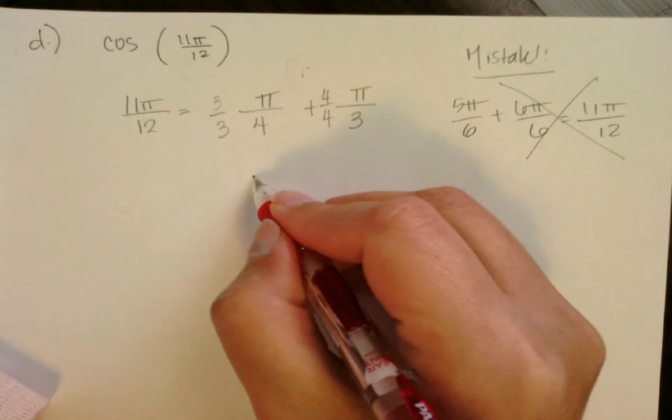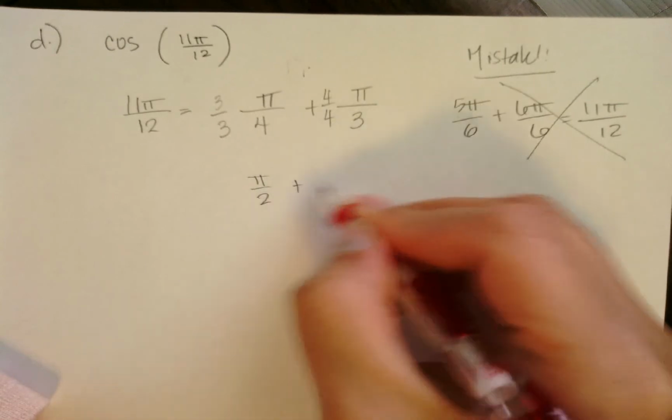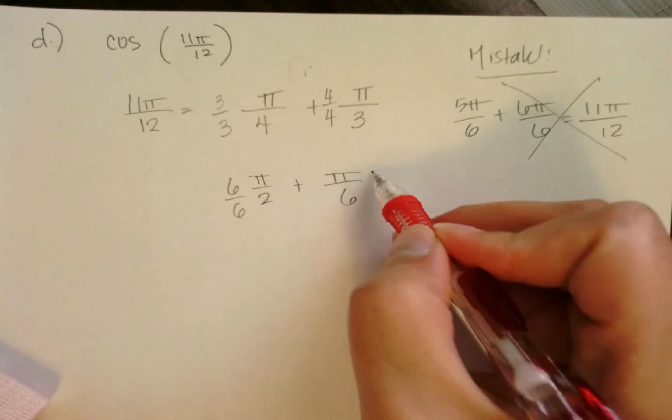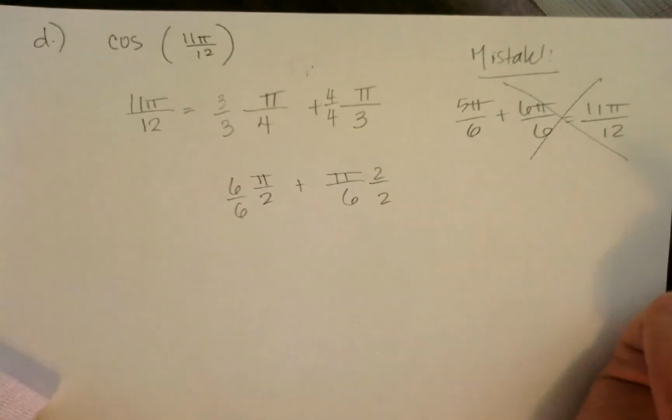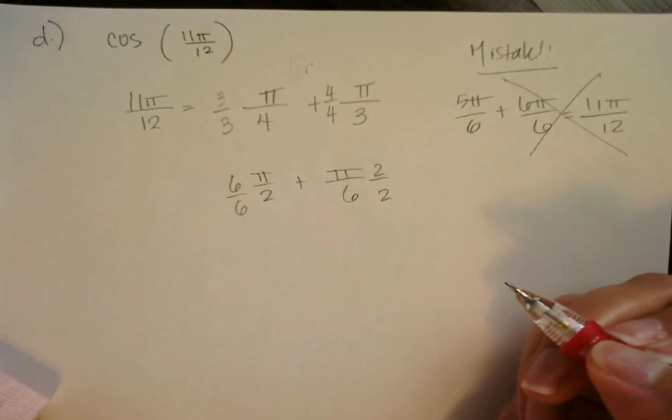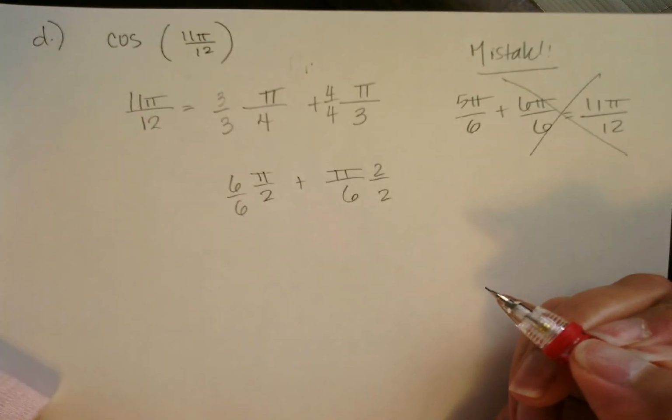Okay. What if I did pi over 2 plus pi over 6? If I multiplied by 6 over 6 and 2 over 2, that would give me 8. Okay. So does that work? Nope, that doesn't give me 11.